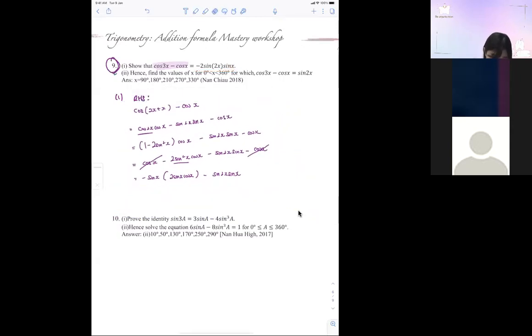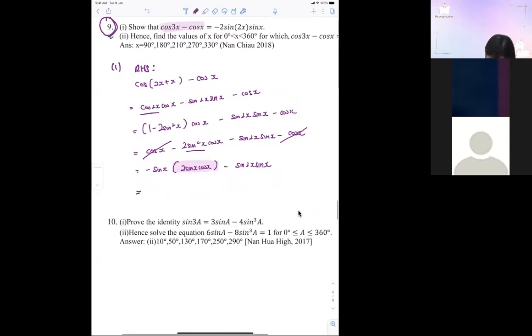Sine 2x. Okay, so I got minus sine 2x sine x, minus sine 2x sine x. They are both the same thing, like minus a minus a, so minus a minus a is minus 2a. Shown.